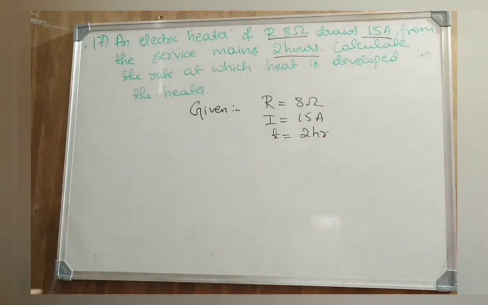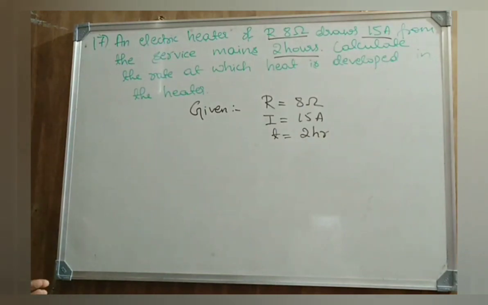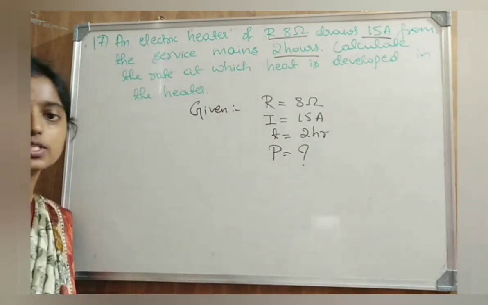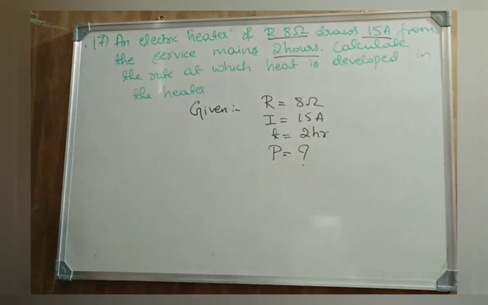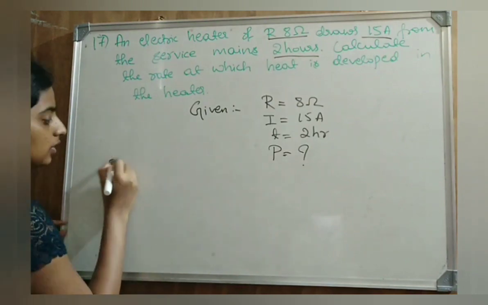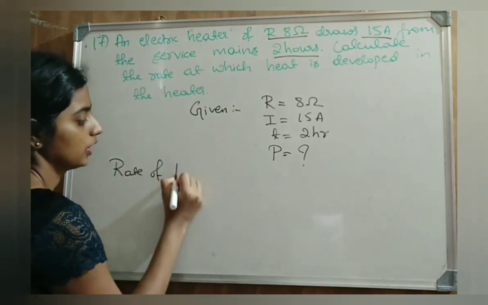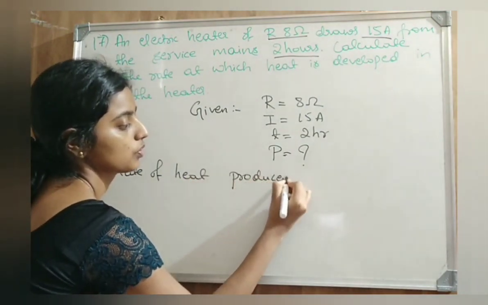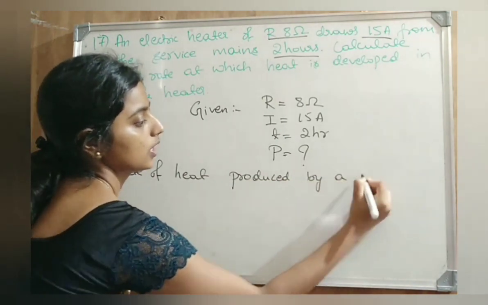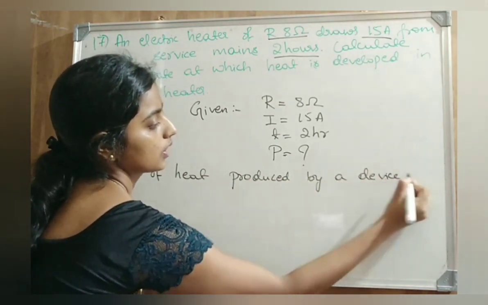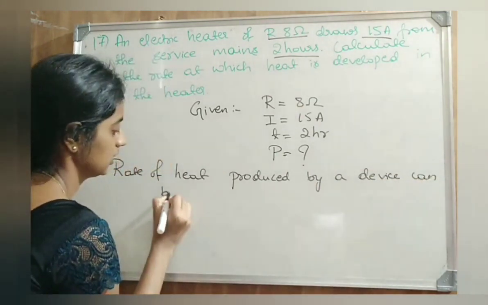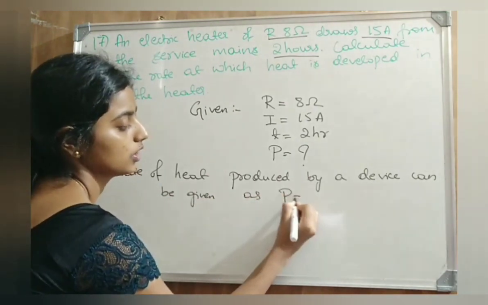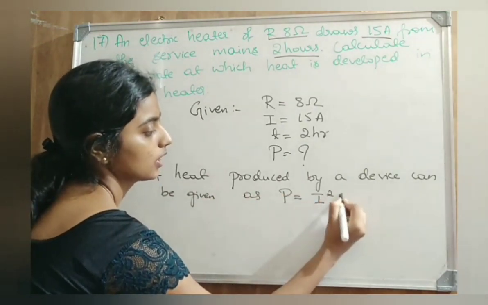Now we need to find the rate at which heat is developed in the heater, that is nothing but P. Rate of heat produced by a device can be given as P is equal to I square R.